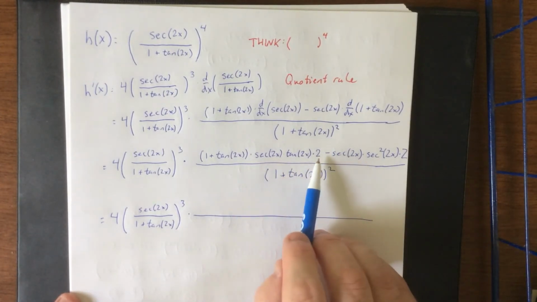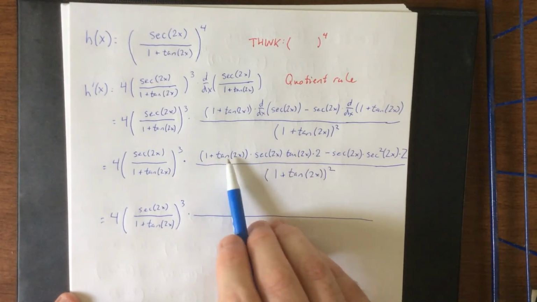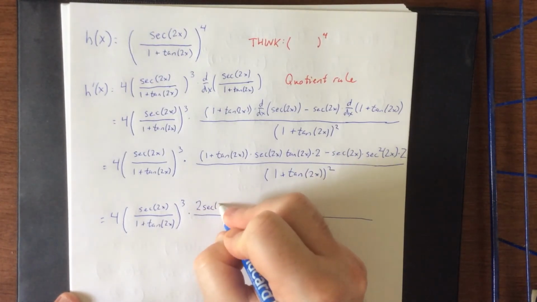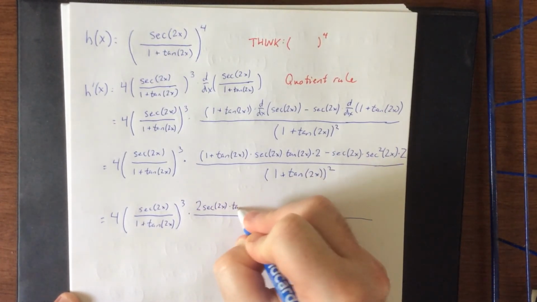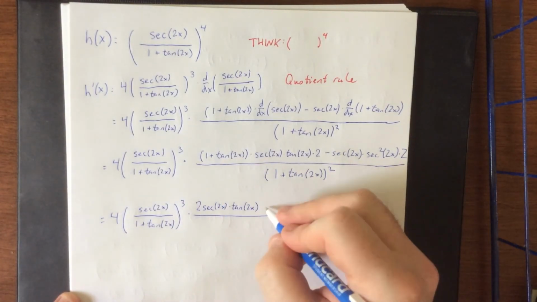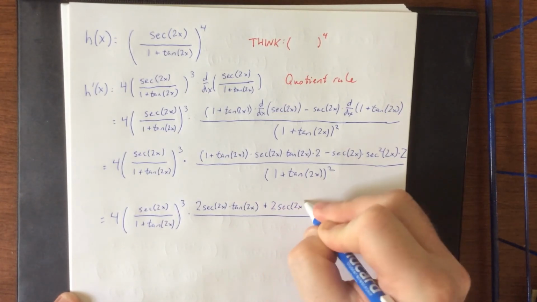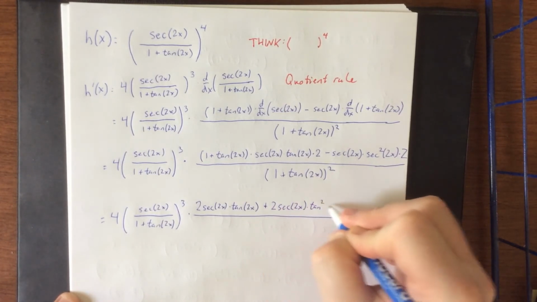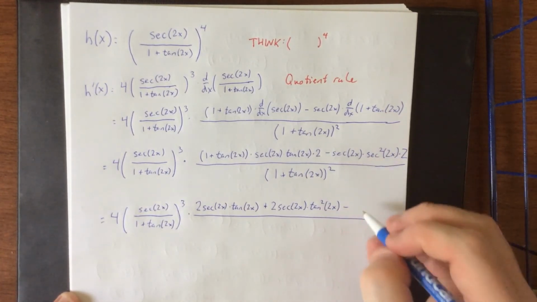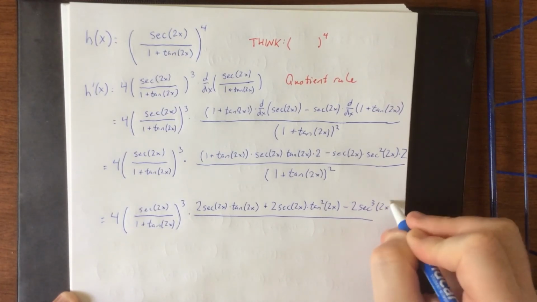So in the numerator, I'm going to be distributing this 2 and secant of 2x and tangent of 2x to both of the terms inside this set of parentheses. We'll have 2 times the secant of 2x times the tangent of 2x times 1, and we'll distribute to the tangent of 2x as well, plus 2 times the secant of 2x times the tangent squared of 2x, and then combine all of these factors together to get 2 times the secant cubed of 2x.